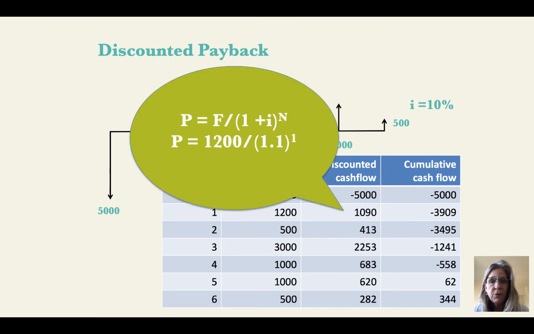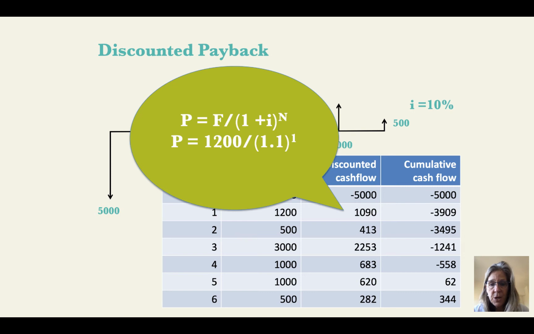The discounted cash flow number is going to use this equation, P is equal to F divided by (1 plus i) to the n. So in the first time period, even though I have $1,200, I'm discounting it back to time period 0 by dividing it by 1.1. So the equivalent of $1,200 in period 1 is 1,090 in period 0. And I do that for all of them.